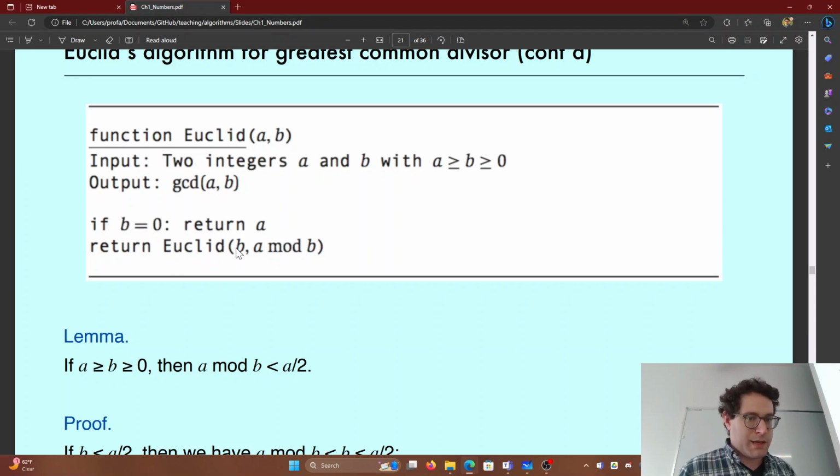Otherwise, return B, A mod B. In other words, return the smaller number and then the bigger number modded by the smaller number. Essentially, we're doing a lot of subtractions all at once with the second step to try to find the greatest common divisor.